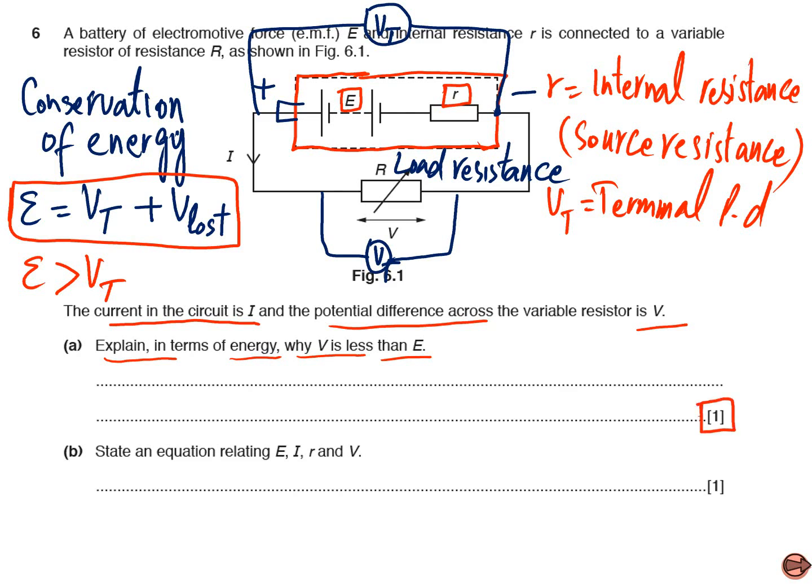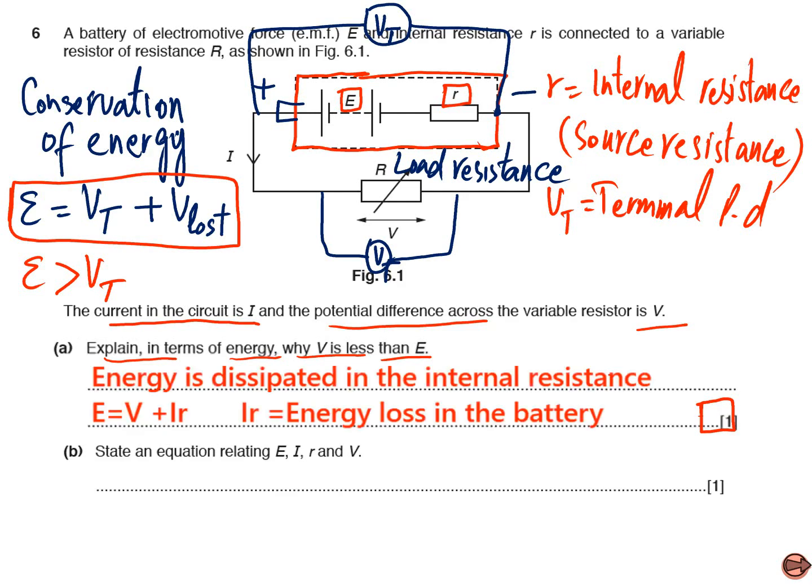So you can answer: energy is dissipated in the internal resistance because E is equal to capital V plus Ir, and Ir is energy loss in the battery per unit charge.